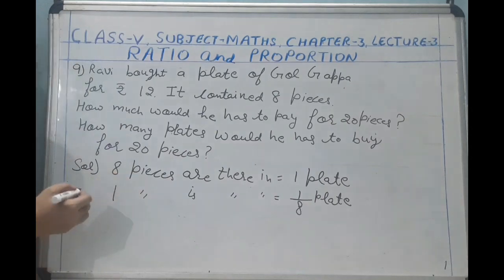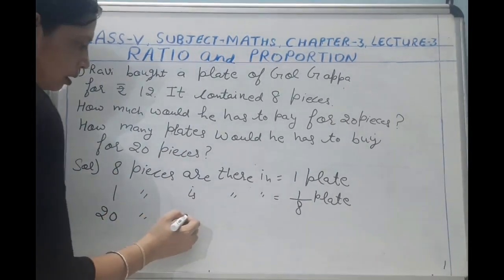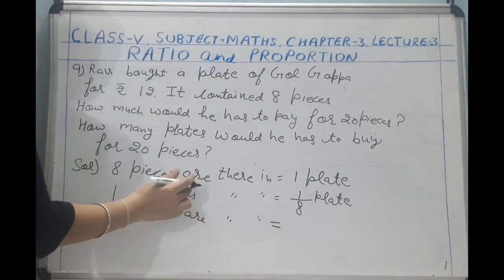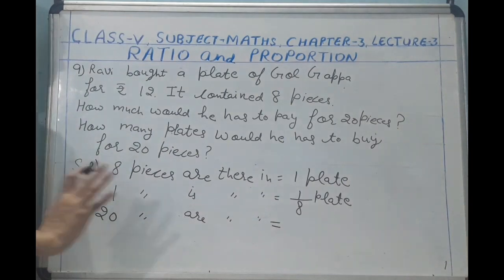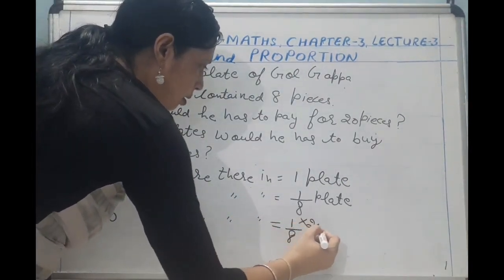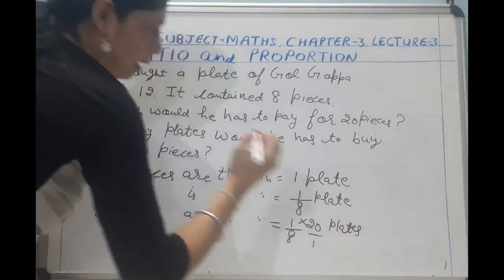And now how many pieces? 20 he has purchased. 20 pieces are there in 1 upon 8 multiplied by 20 plates, right?